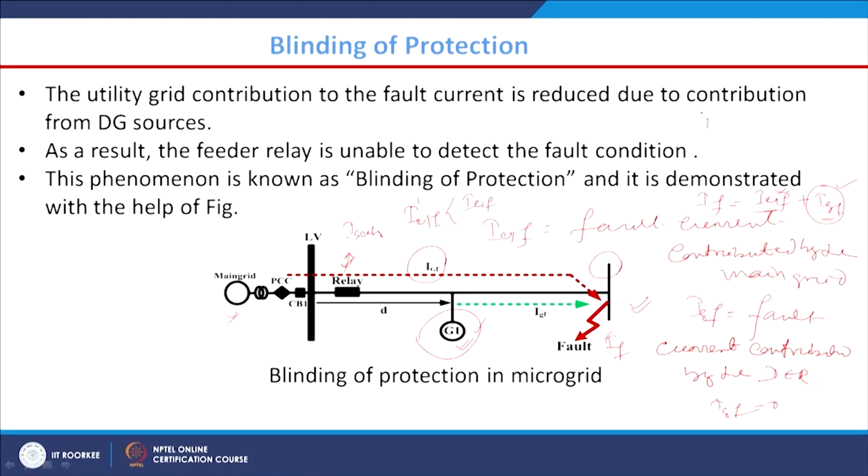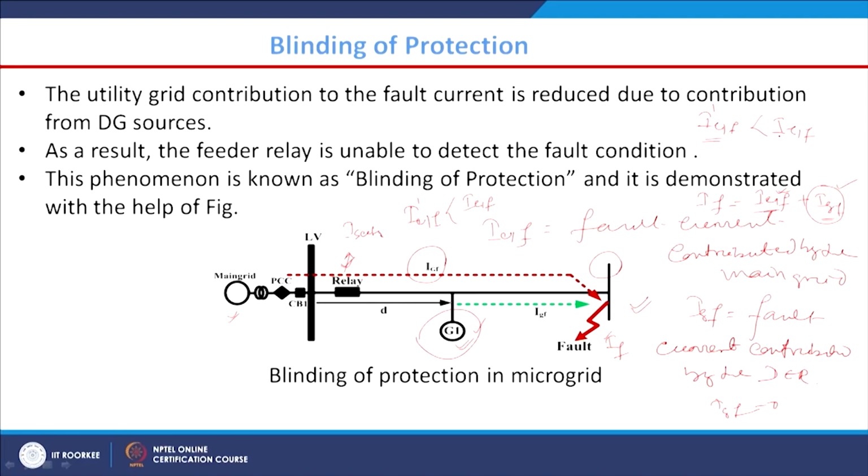If we write this as IGF dash, this is the fault current the grid contributes after the connection of the DG, and this magnitude is less than capital IGF. This IGF is the current contributed without the connection of the distributed energy resources.